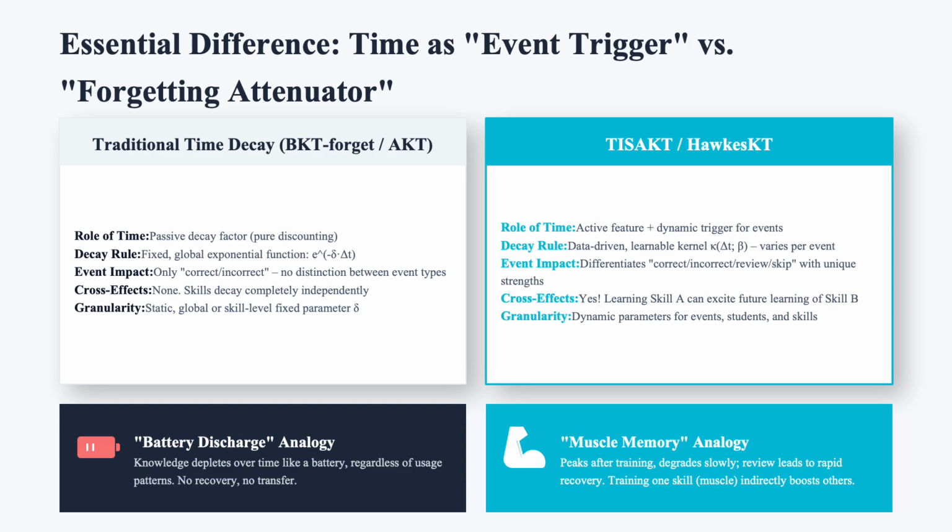These new models can distinguish between different actions, like reviewing versus skipping, and model how learning one skill can influence another. The parameters are dynamic and can be personalized to students and skills. This is a shift from a simple forgetting model to a sophisticated model of human learning dynamics.